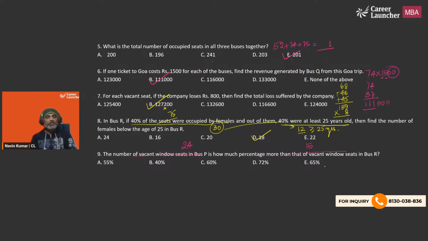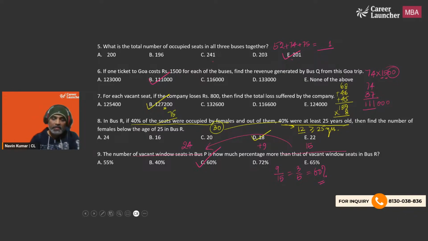So basically 24 is what percentage more than 15. So this is an increase of basically 9. So this is 9 out of 15, which is like saying 3 out of 5, which is nothing but 60%. Option C is our answer.